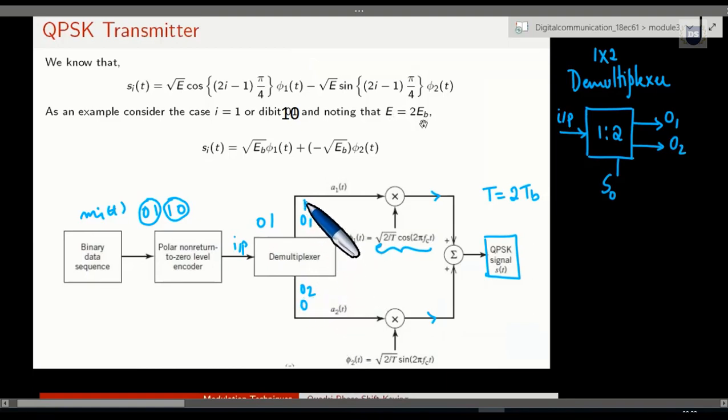This gets multiplied with our first basis function, and the other bit gets multiplied with our second basis function, and both will be added in order to get our QPSK signal, which will be transmitted over the channel. So this is how our QPSK transmitter works.